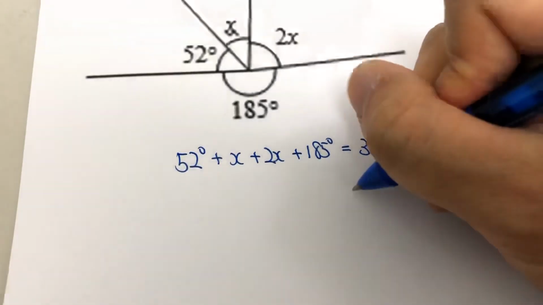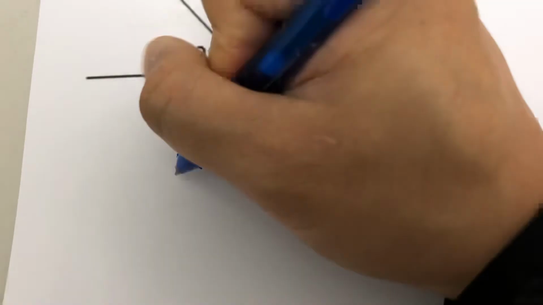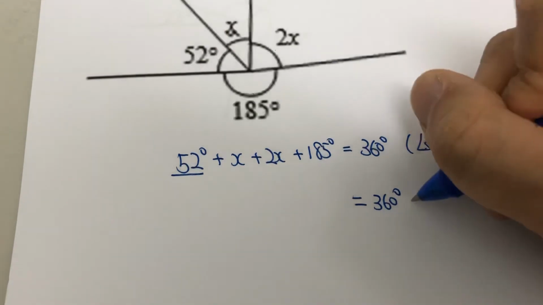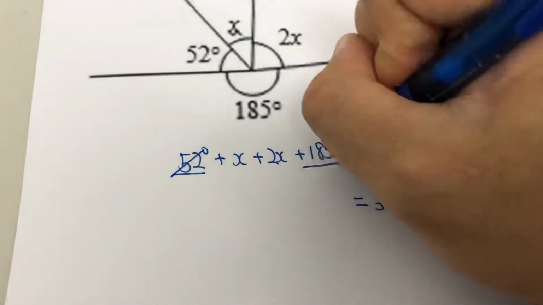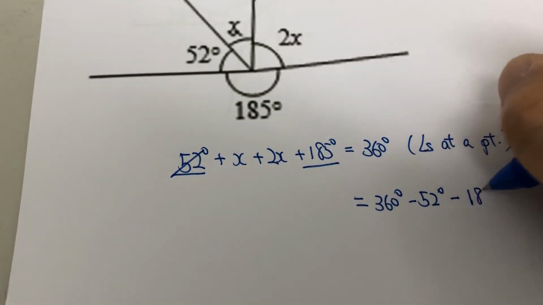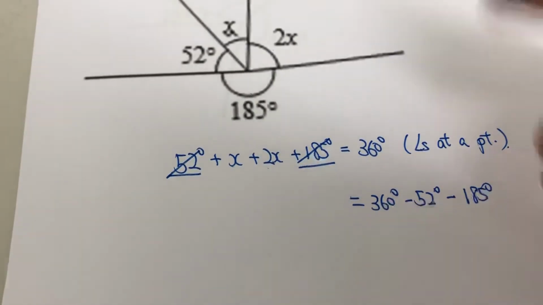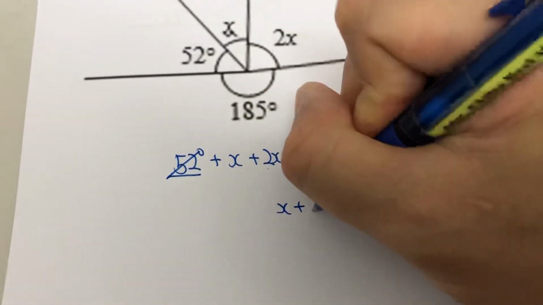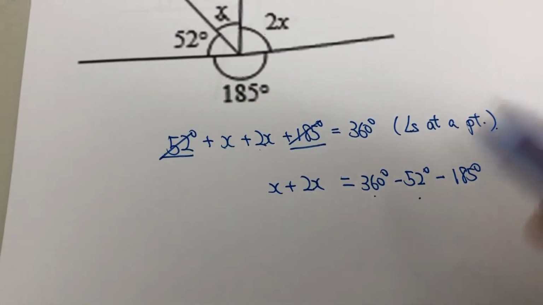Now, let's try to get rid of the numbers. First of all, 52 move to the other side, becomes negative 52 degrees. And then 185 degrees move to the other side, becomes negative 185 degrees. Okay, so now we've got x and 2x left behind. X plus 2x equals to 360 minus 52 minus 185.